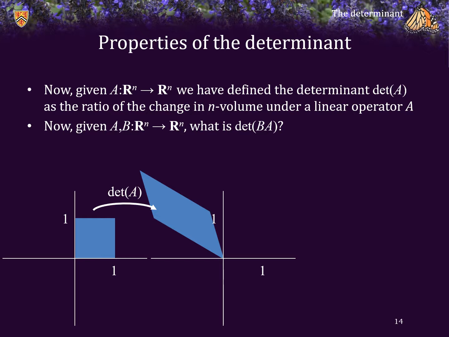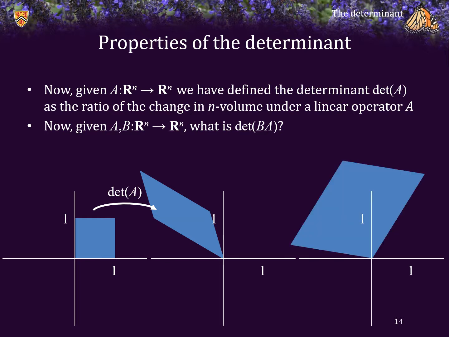Now, let us assume we have a second linear map B. This linear map is going to take this second region, and if we multiply every point in that second region by B, we get this region here, which once again seems to be approximately twice the area of the second region.